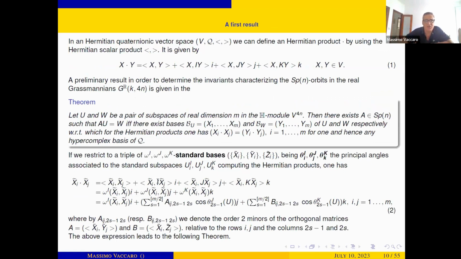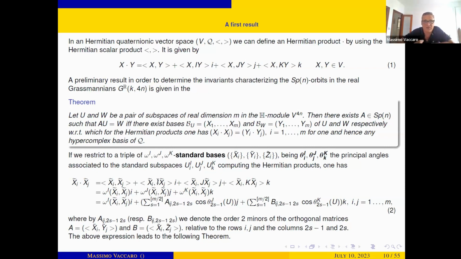In our quaternionic vector space, we can define a Hermitian product also, just by using the Hermitian scalar product. The expression x dot y is the scalar product of x and y, then x and iy, x and jy, x and ky are the components along i, j, k of this quaternion.